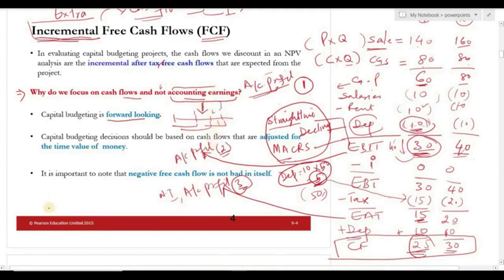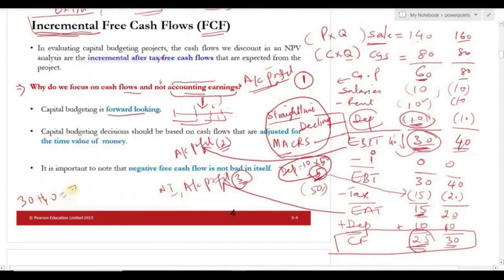But if we just use the accounting profit, we can simply do 30 plus 40 is equal to 70, right? So that is just simply adding, but we are ignoring the time value of money. So in capital budgeting, because we can incorporate time value of money, that is why it is called forward looking. Okay, and it is important to note that the negative free cash flow is not a bad idea. I will explain this in the coming slide. At this moment you will not understand.